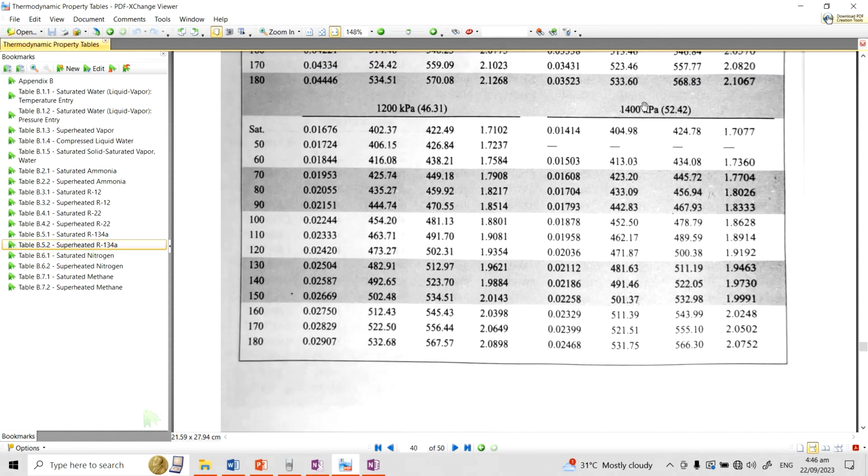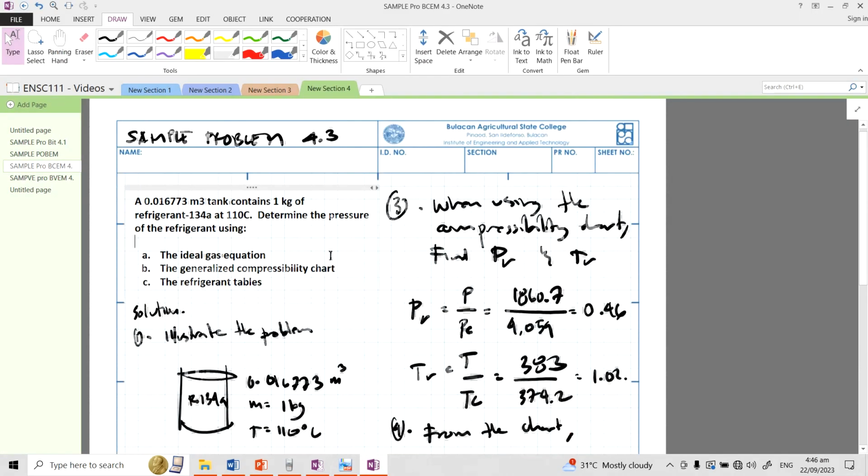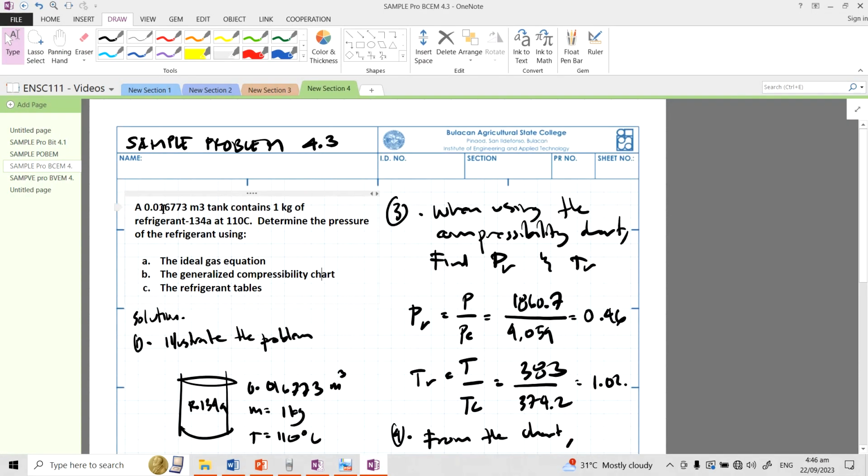Let's check 1400 at 110, the value is 0.01958, and what we're looking for is 0.0167.